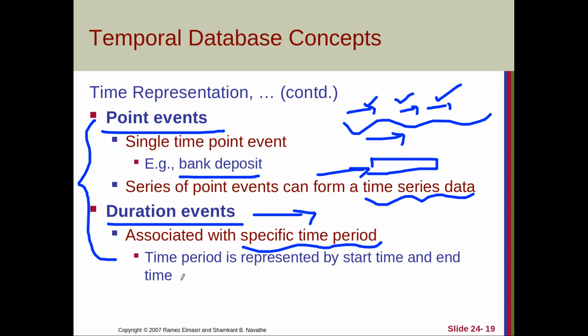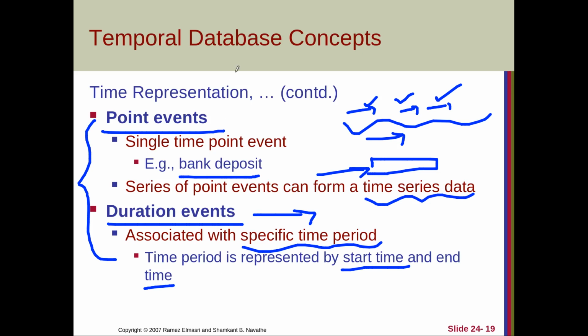We'll have a number of events that occurred within a specified duration. So this time period will have a start time and an end time, between 1st August and 31st August 2021. There is a time period, or a gap between two different times, that is the start time as well as the end time.